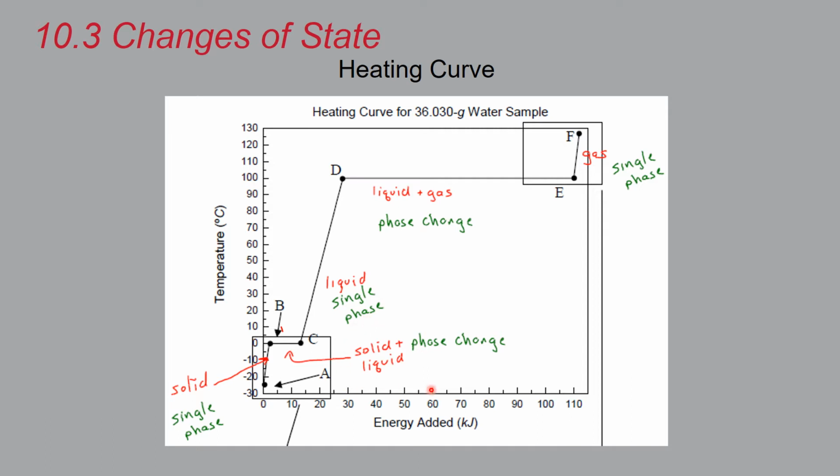All right, so the next thing is we're going to figure out how much energy this entire process took. And the key is to break it up into steps of 2 types, because the way you handle the energy for a temperature change area where you've got one phase is very different than how you handle the energy when there's a phase change going on.